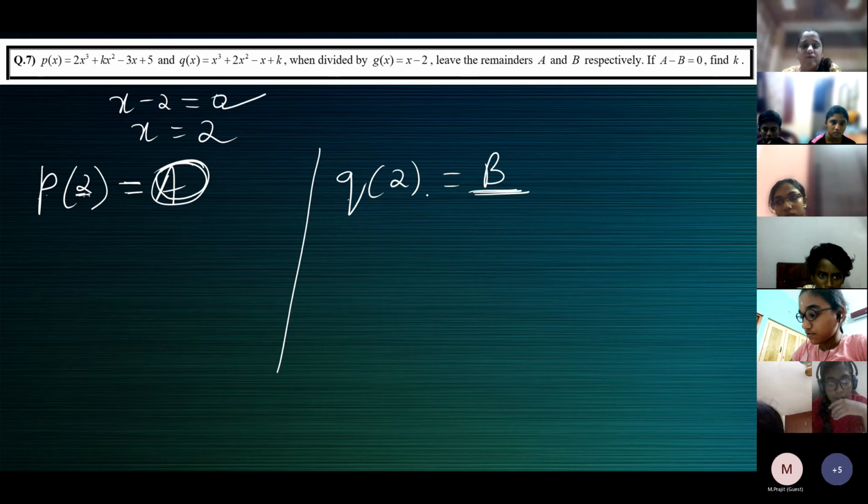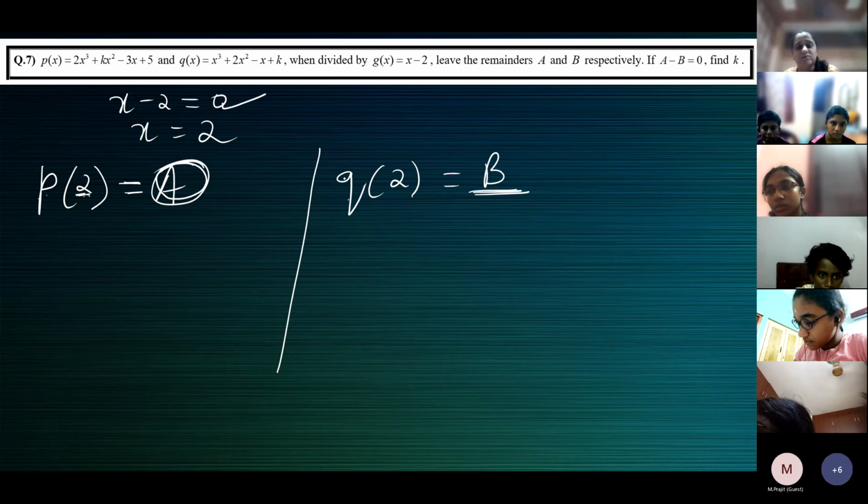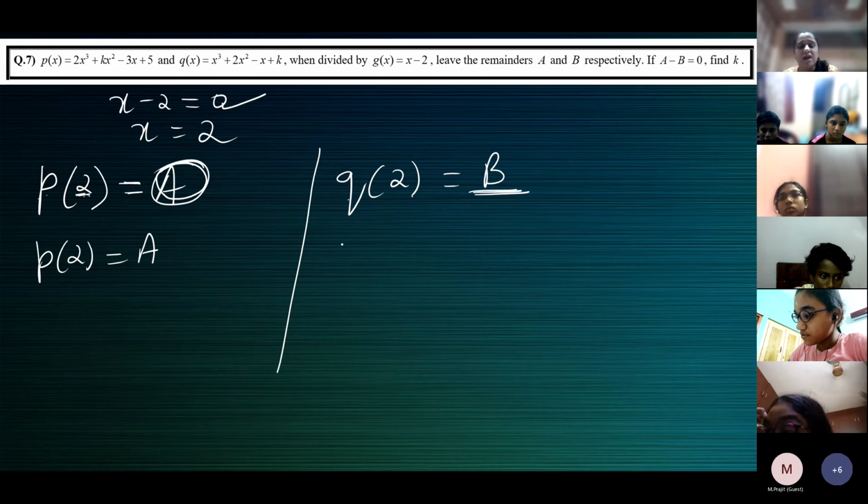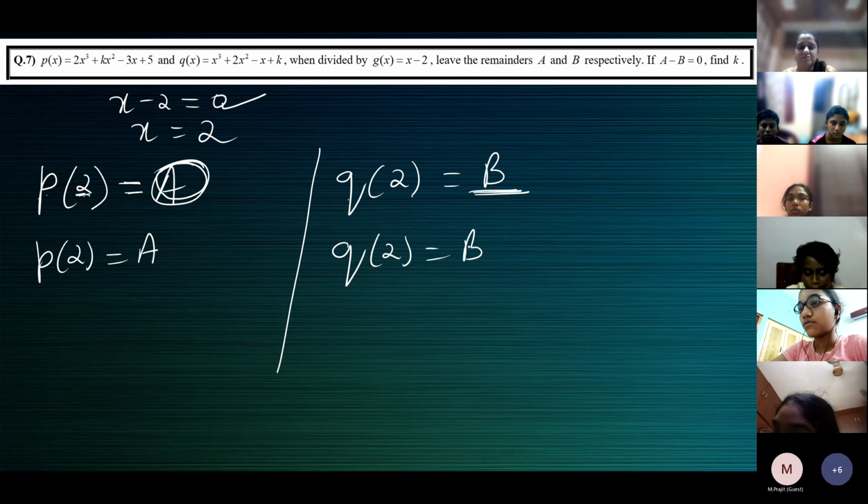And when you find Q of 2, you will get the remainder when Q of X is divided by X minus 2. And the remainders are given. So when P of X is divided by X minus 2, the remainder is A. And when Q of X is divided by X minus 2, the remainder is B.